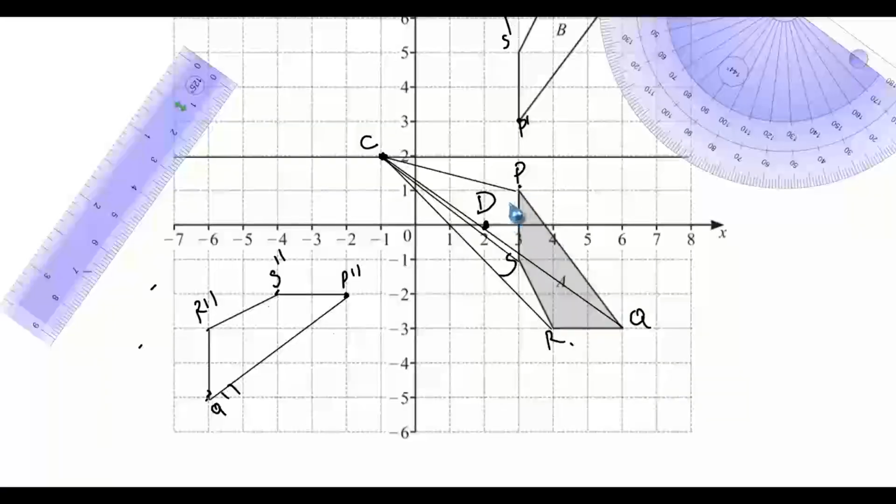Okay, so what we need to do now is to count from the center of enlargement to each of the points of shape A, and multiply by -2. Let's count to point P. So that is 1, 1. So it is 1, 1 here.